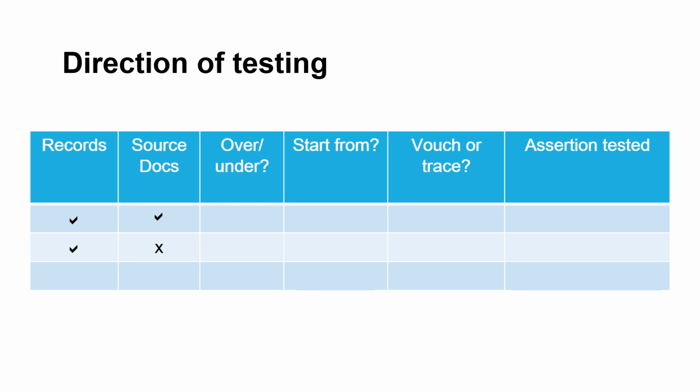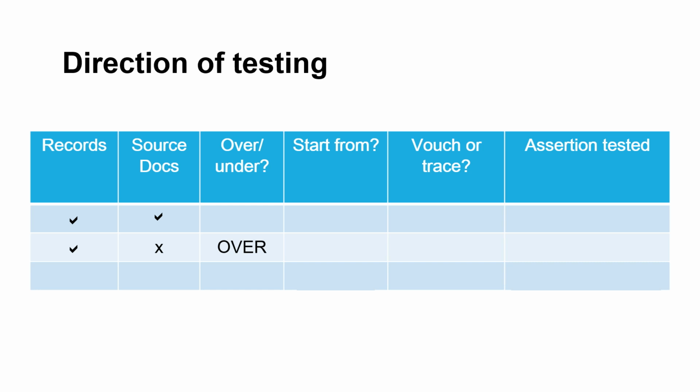So if you reflect on this, it is found in the FS or in the records, but it is not there in reality. That means the status of our records is that it is overstated. It reflects something that does not actually exist.